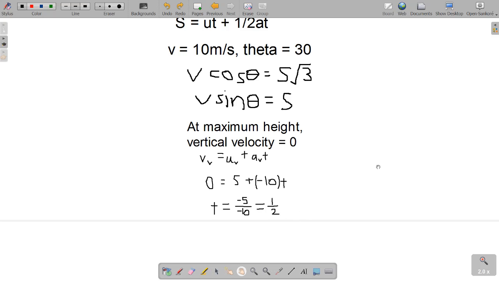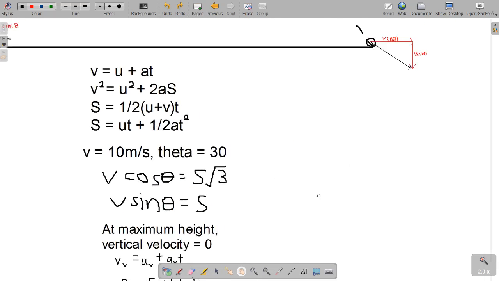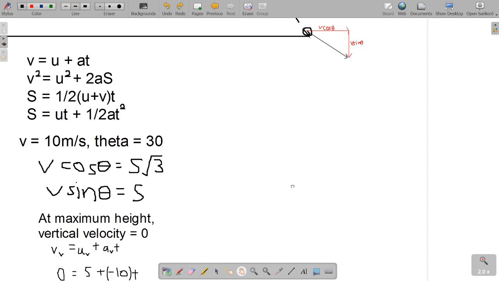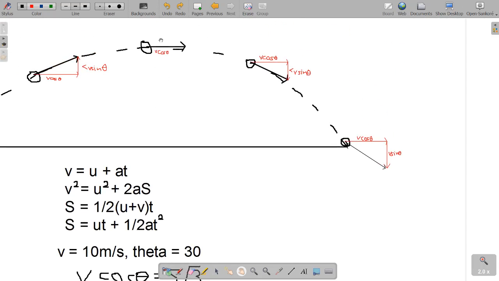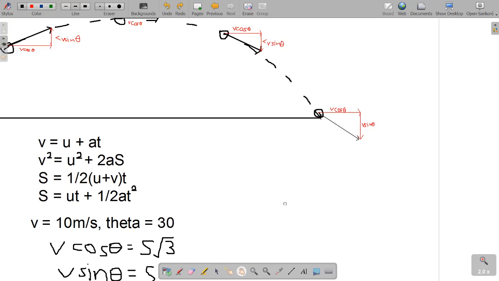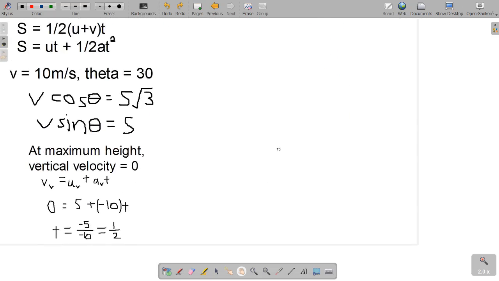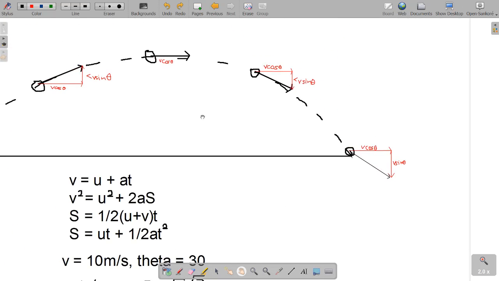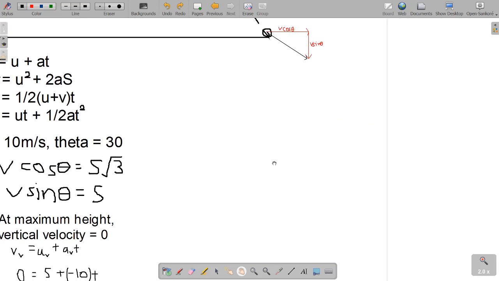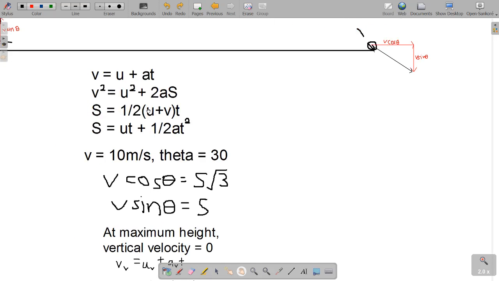Okay, so now next question. What is the maximum height reached? Here, what you're finding is the vertical displacement.